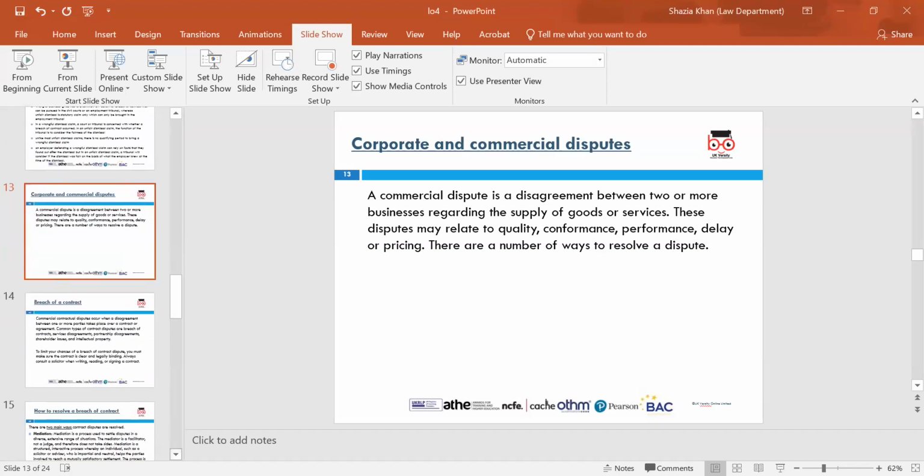So can you give me an example of a commercial or corporate dispute? Possibly it can be between a fast food chain and a supplier for a particular vegetable or grocery.